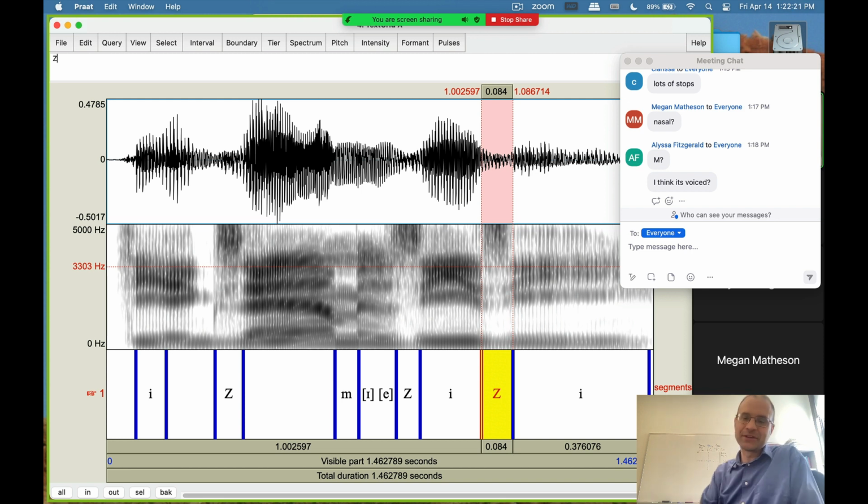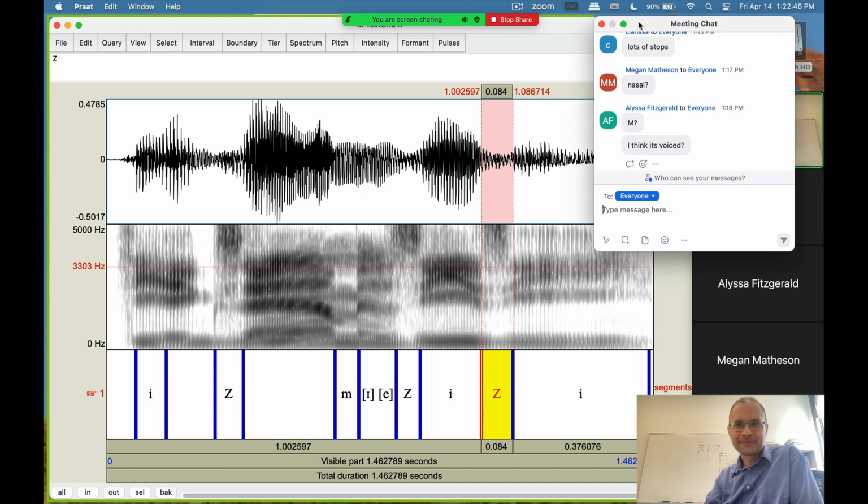Does anybody remember what the difference is between an alveolar fricative's acoustics and a post-alveolar fricative's acoustics? Which one is produced further back in the mouth? That question you should know the answer to, regardless of the acoustics.